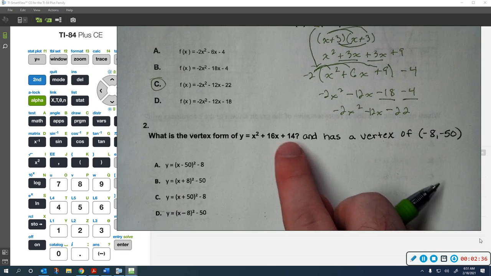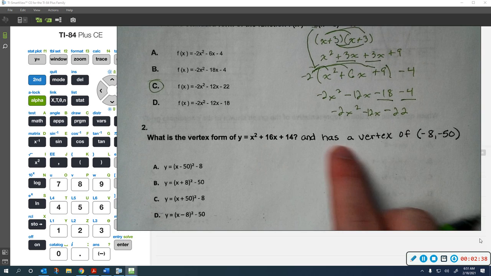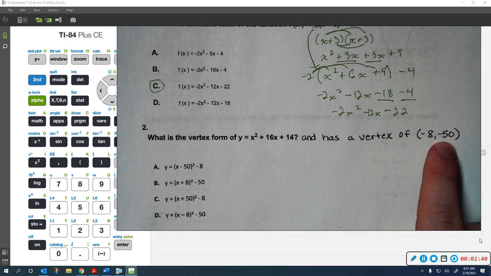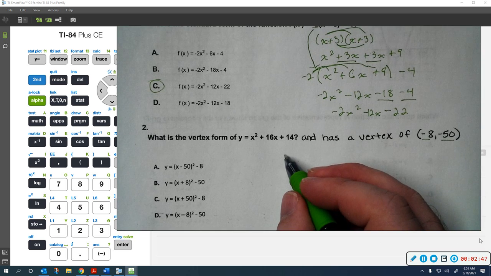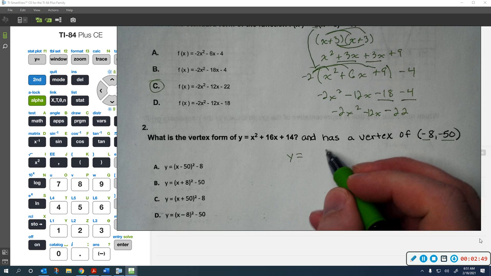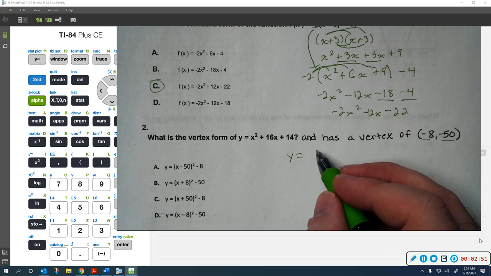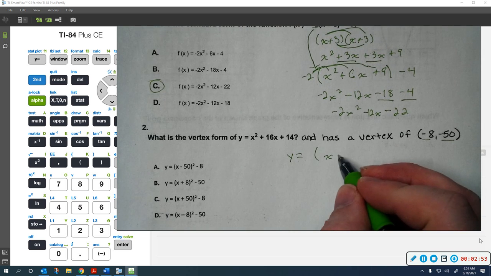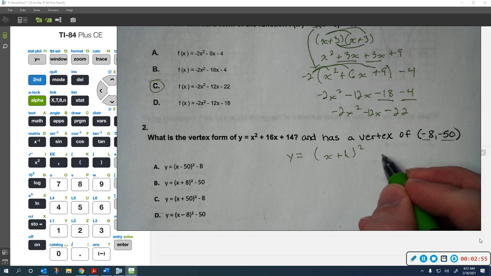On number 2, it says, what is the vertex form of this and has a vertex of (-8, -50)? Well, needs a vertex of (-8, -50). Vertex form is y = (x + h)² + k, right?